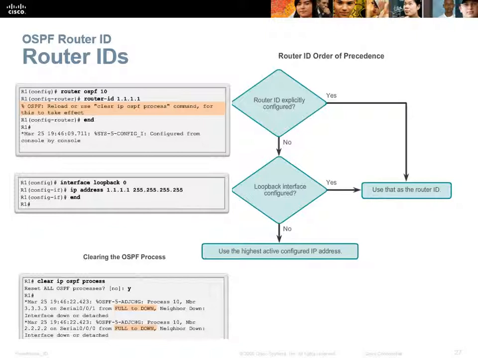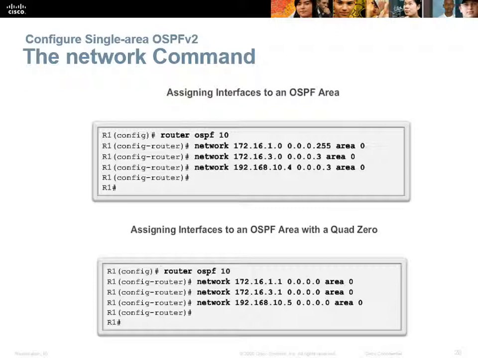It is an autonomous system number, and you define an area inside of it. So router ospf 10, the networks are 172.16.1, 16.3, and 192.168.10.4 with their wildcard masks, all come off of area 0. Make sense?